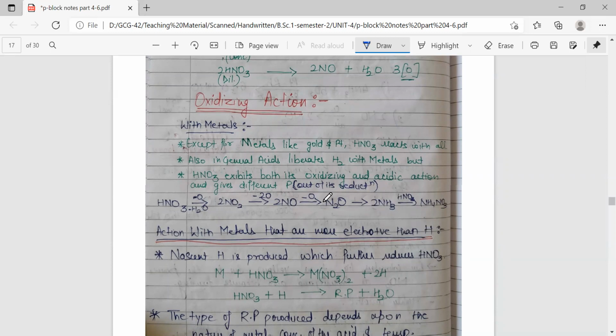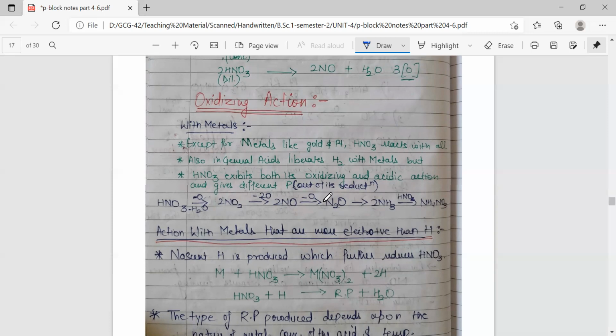In general, when we treat acids with general metals, there is a liberation of hydrogen. But HNO3 behaves differently. When we treat it with alkali metals or some other electropositive metals, its oxidizing action is different, because there it acts both as an oxidizing agent and exhibits its acidic action.